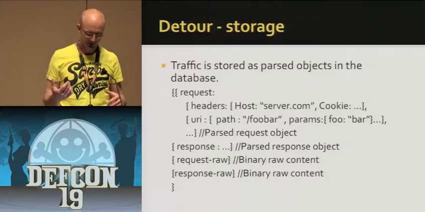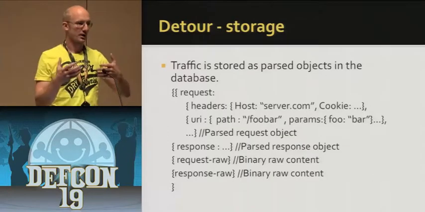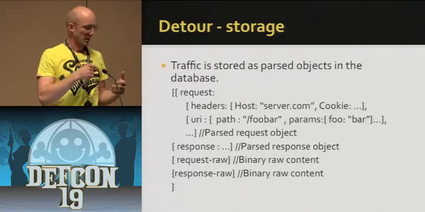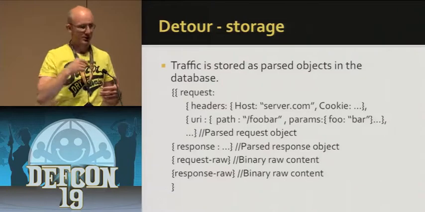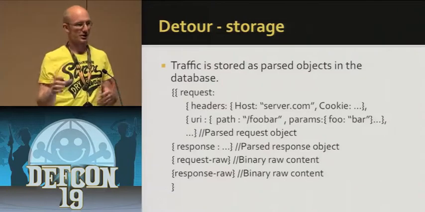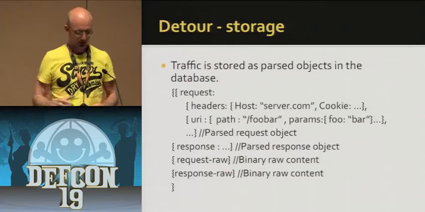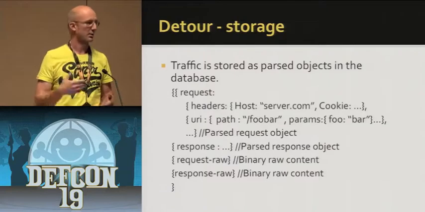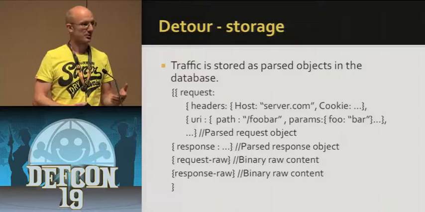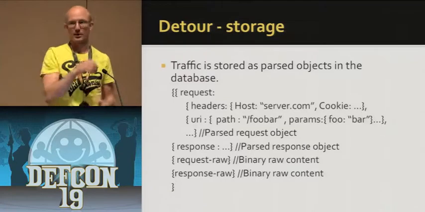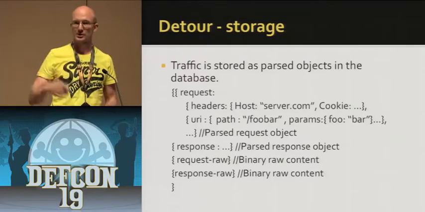So we can say, for example, that we only want to work now with objects which have some request headers, set cookie, and a certain cookie, or where there is a certain parameter of JSON. And it also means that when we load the data up, we don't have to load the entire objects. We can just load the parts.